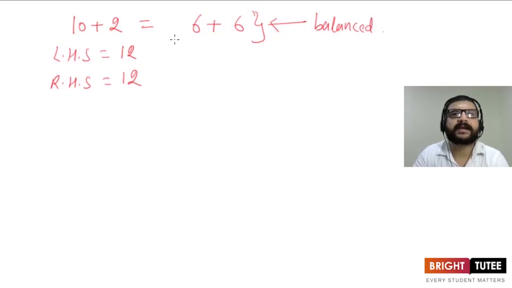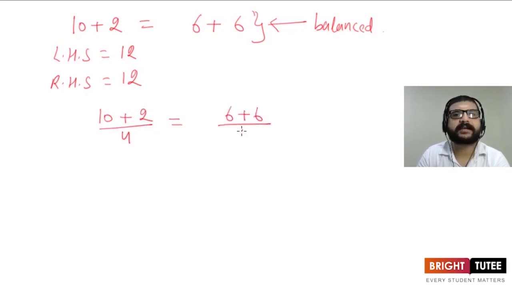Now what if we divide both the sides with the same quantity? Let's divide both the sides of the equation with the same quantity. Let's divide them with 4. So we will get 10 plus 2 divided by 4 is equal to 6 plus 6 divided by 4.